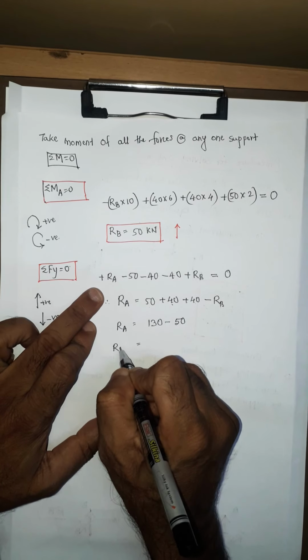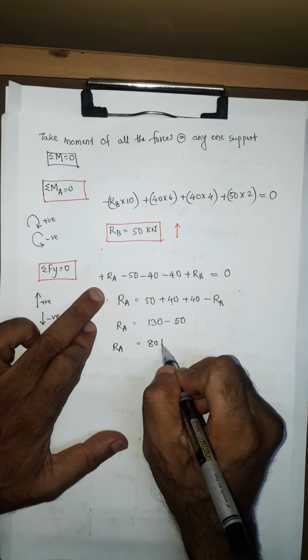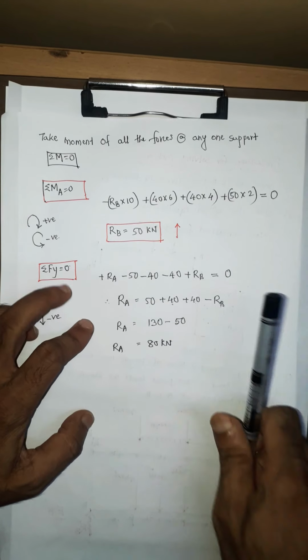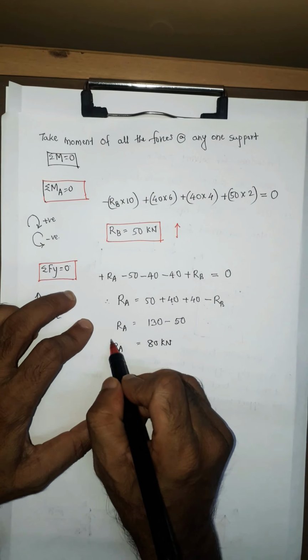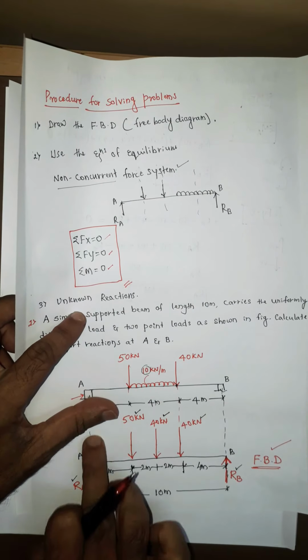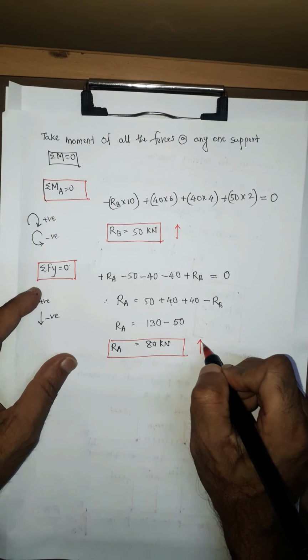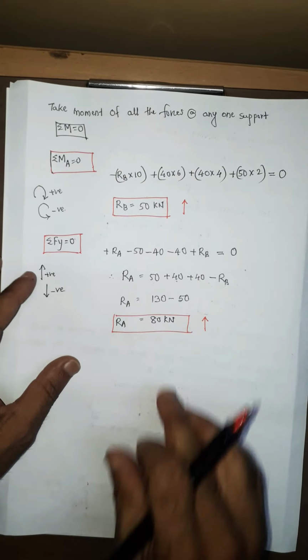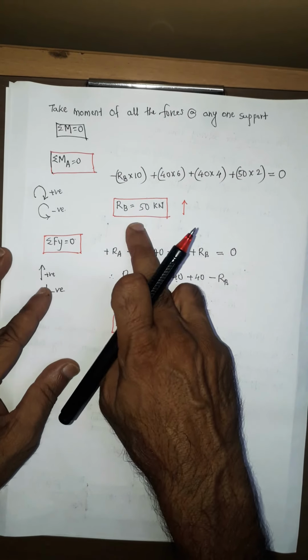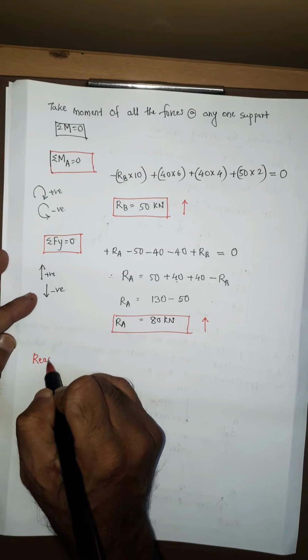Therefore reaction RA is equal to 80 kilonewton. Again we have got a plus value, which means the direction we assumed is correct. So reaction RA will be in this direction. We have calculated RA 80 kilonewton, RB 50 kilonewton. So you can write down the answers.